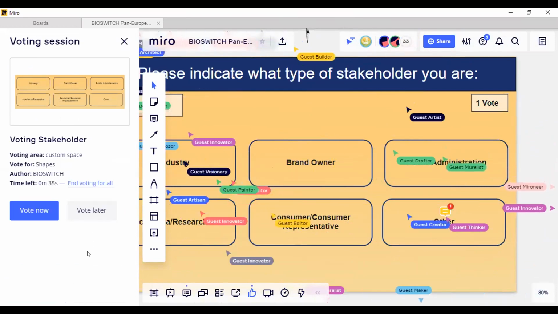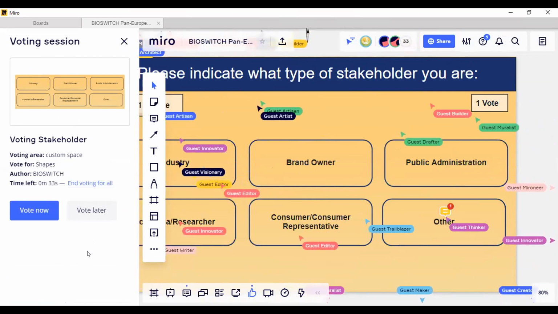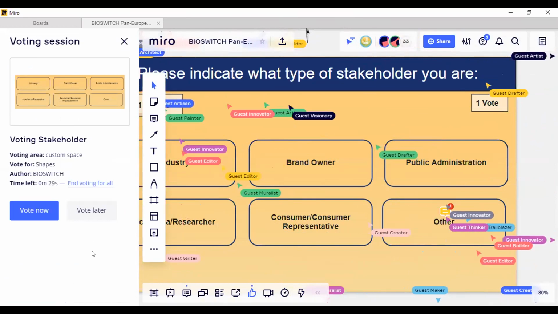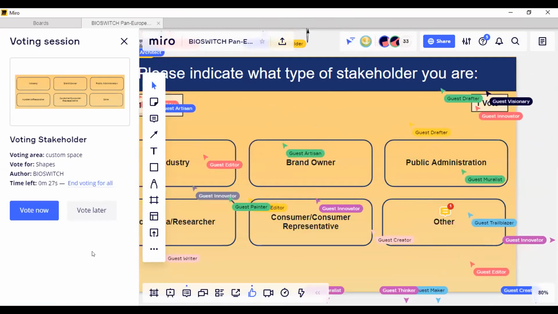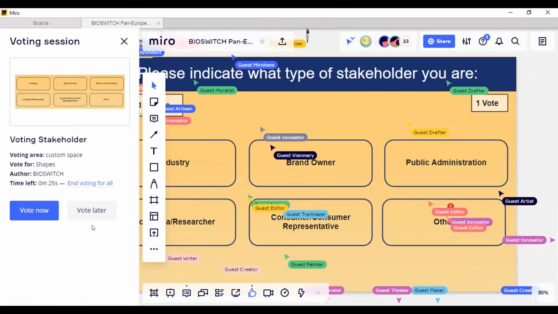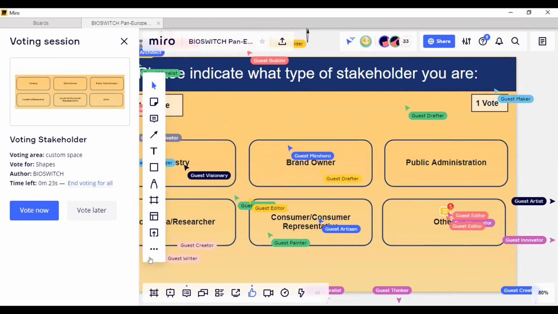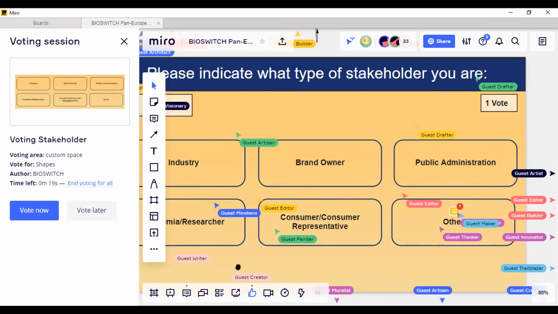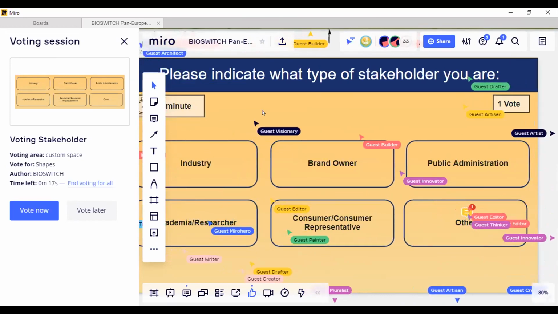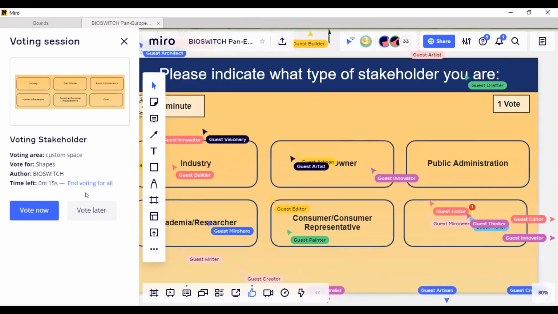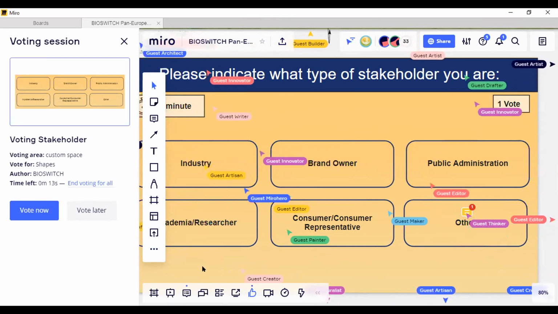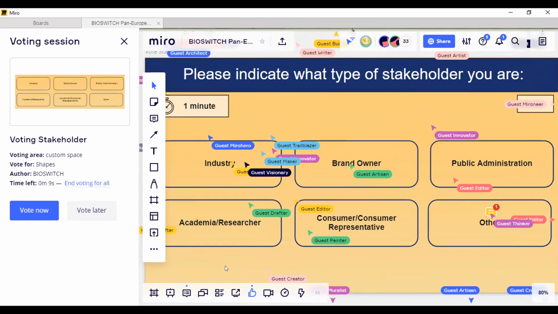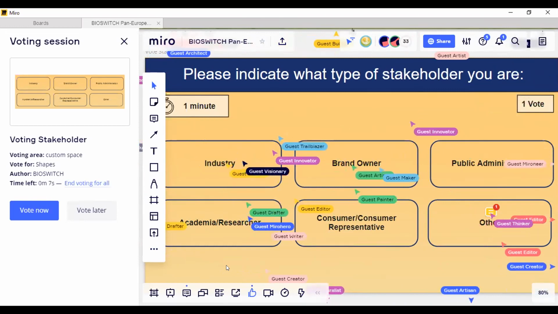And again, this voting is anonymous, and any answers you give on this board will be anonymous. So please indicate what type of stakeholder you are.